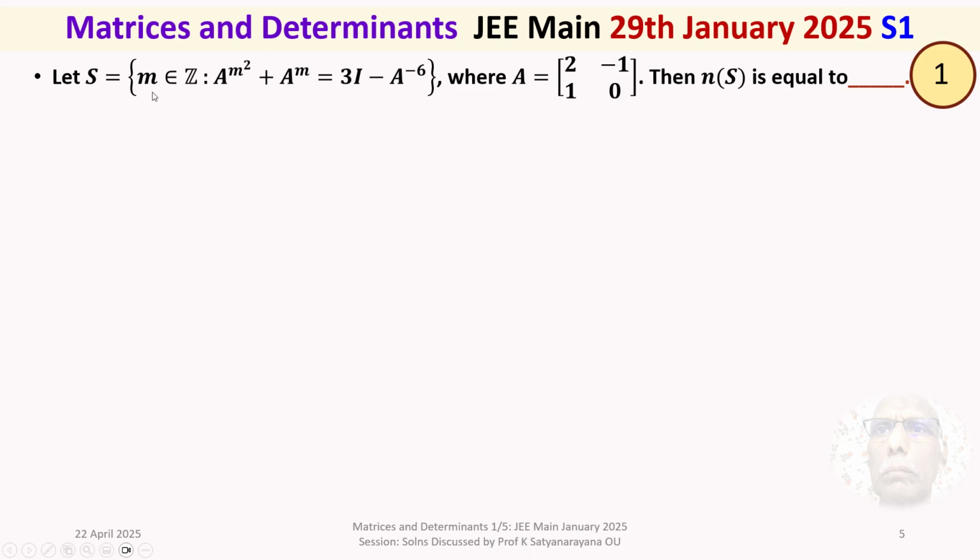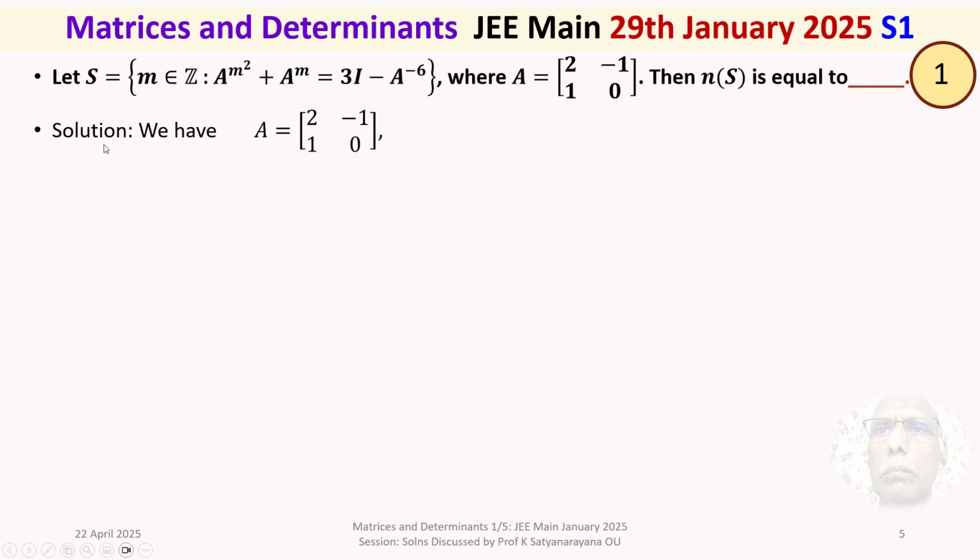Note down here this M belongs to Z, not the natural numbers. Then N of S, the number of elements present in S, is equal to. It is a numerical answer type question.